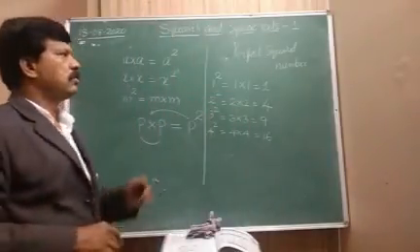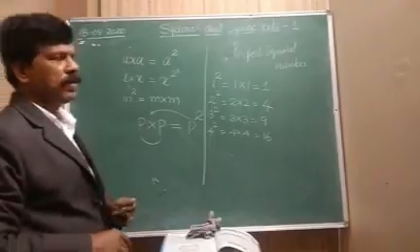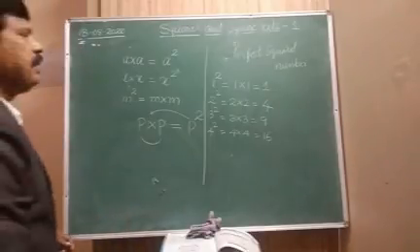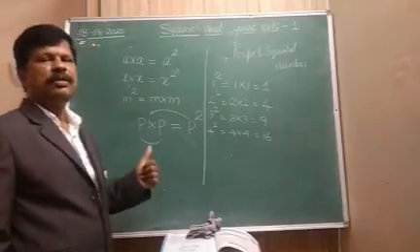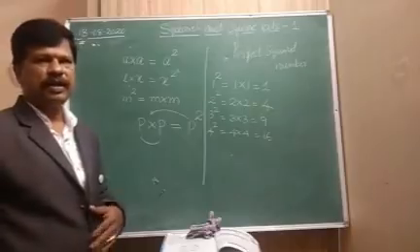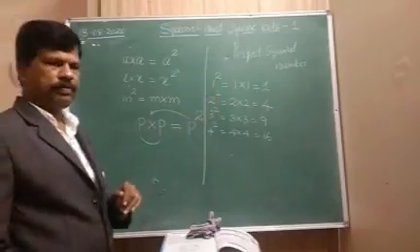Clear? So which is called a perfect square number? A number which is multiplied by itself, that is called a perfect square number.